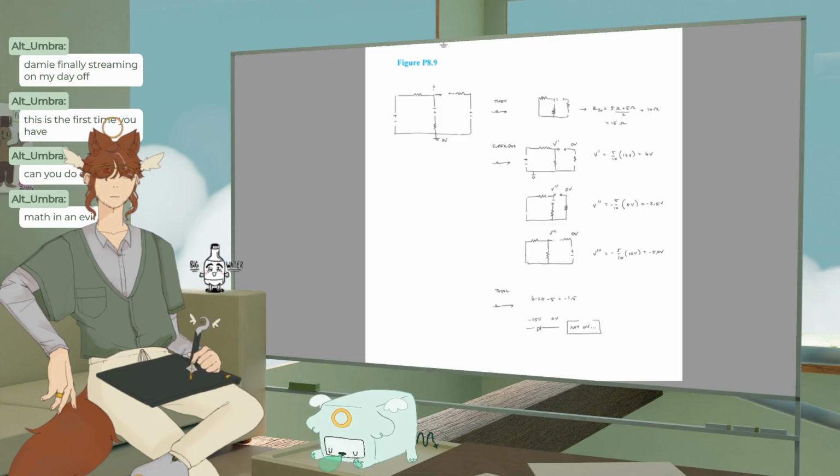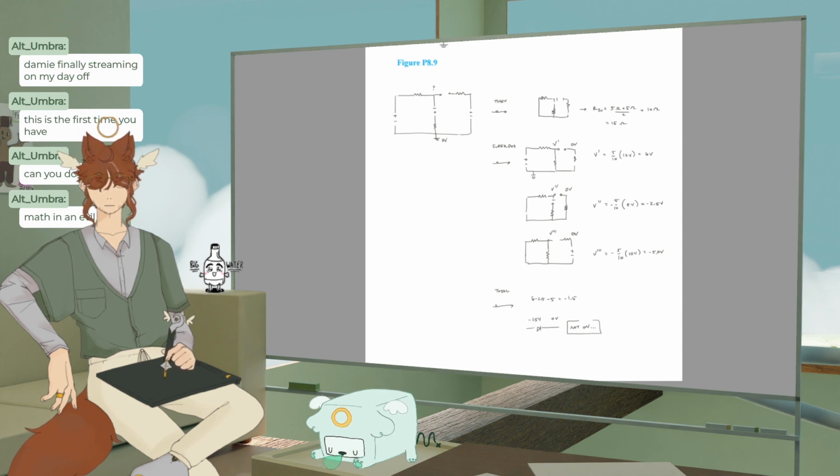Find, close, open. Electric, yes, here we go. And then answers. There's no question answers? What? Wait, they don't have answers in this book? You can't just check your answers? No, they've got to be kidding. There's got to be answers somewhere.